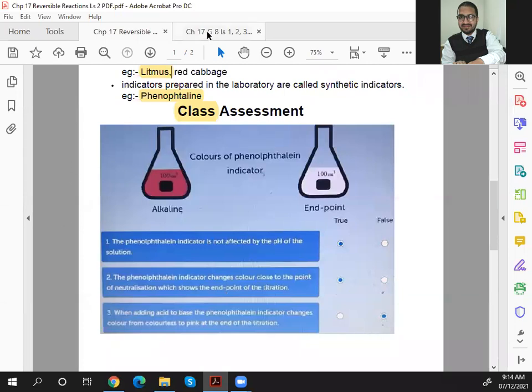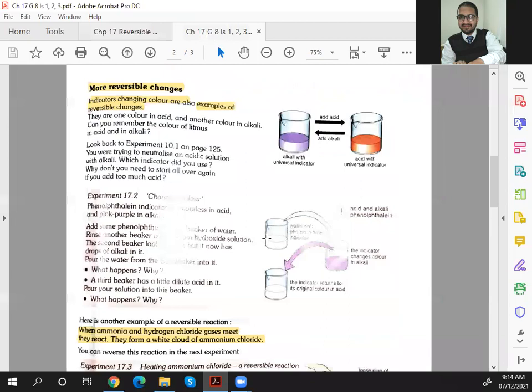Now come back to your textbook again, page 221. Here in front of you, I hope you all understand very well about the indicator, especially phenolphthalein. So let's start from here. There is one color in acid and another color in alkali, or you can say base. Can you remember the color of litmus in acid and in alkali?